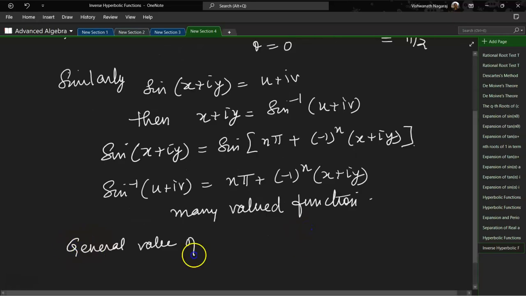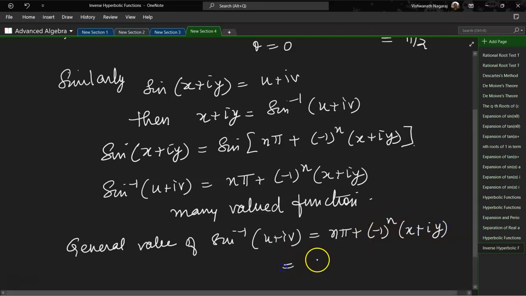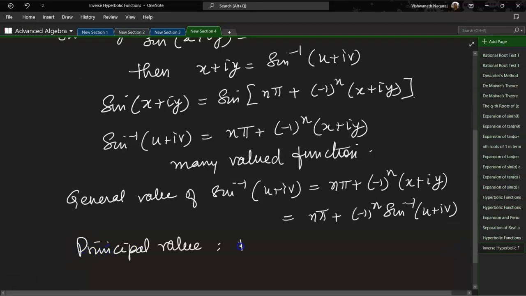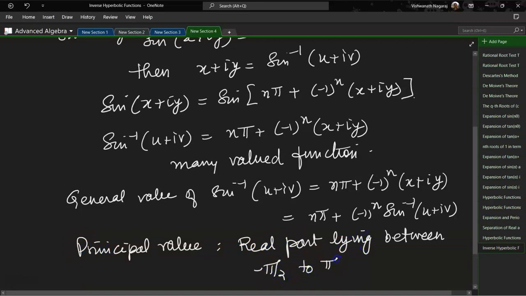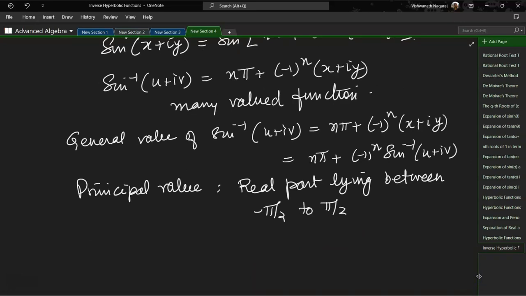Now the general value of sine inverse of u plus iv is going to be n pi plus minus 1 to the power of n times x plus iy. The principal value would be the real part lying between minus pi by 2 to pi by 2, basically to make sure that the vertical line test is passed.